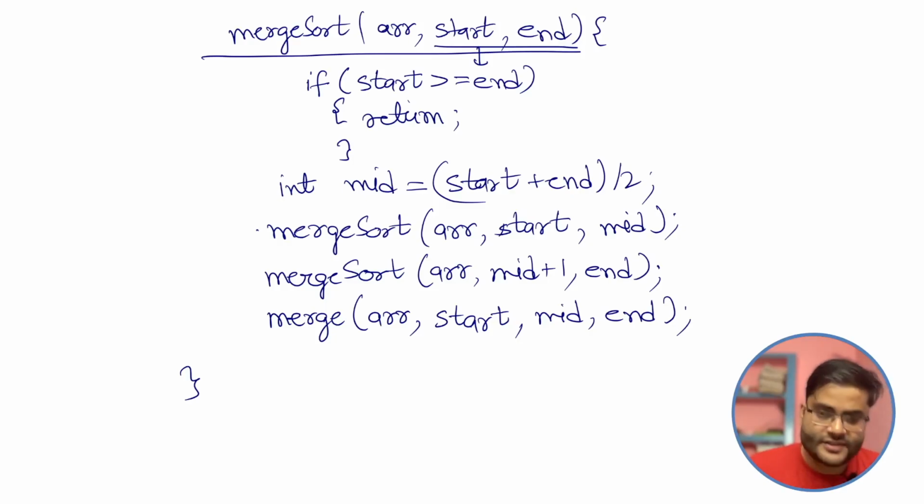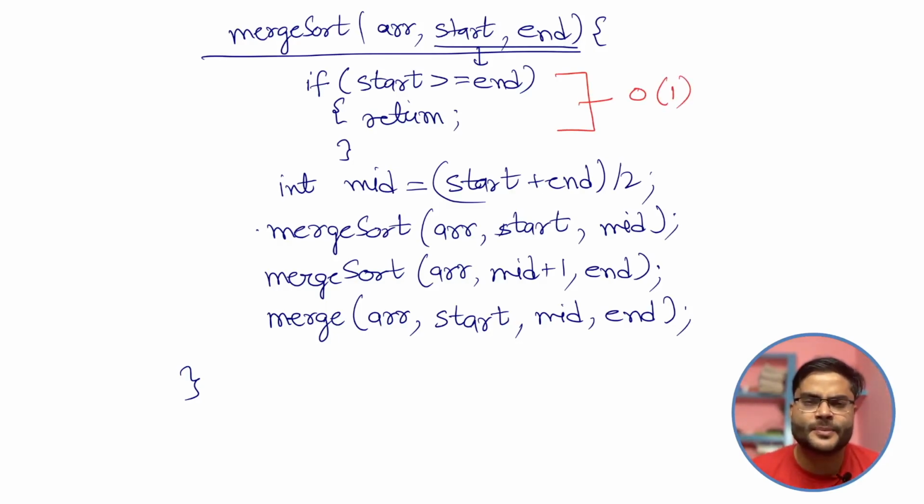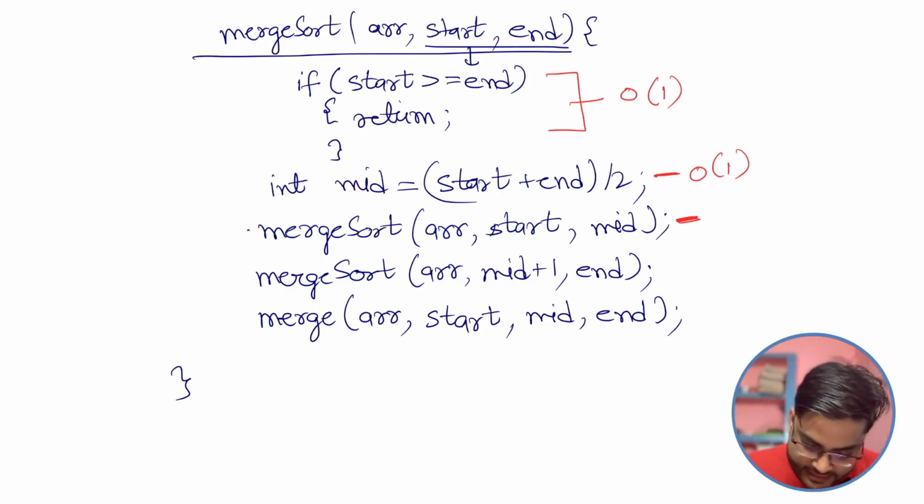Now let's talk about time complexity. So this will take order of 1 time, right? This is a simple if else condition. Now this statement will take order of 1 time. Now we are dividing our problem, so this will take T of n by 2 time.